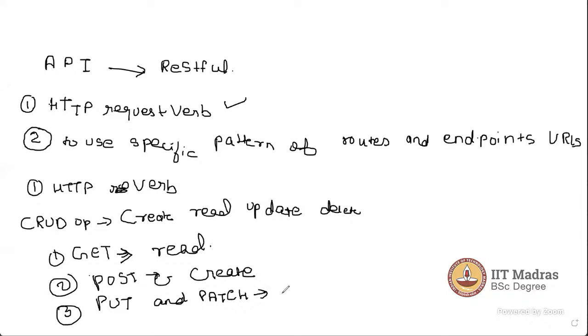Now if I talk about the major difference between PUT and PATCH: PUT is used to update the resource, and PATCH is also used to update the resource. Let me explain the main difference with the help of an example. Let's say you have ordered a pair of shoes from Amazon, and you are waiting very happily for that order to come.